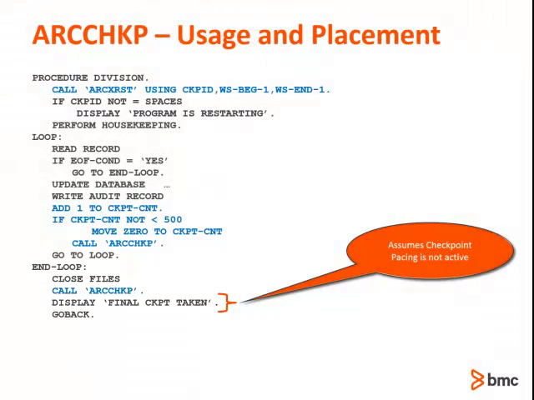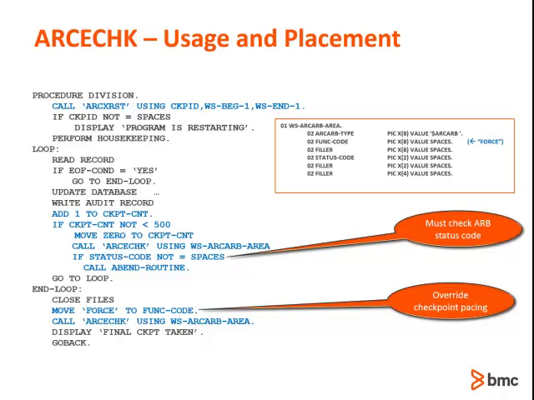This is an optional technique to ensure that all files have been closed and no residual data is left in any buffers. This technique assumes that checkpoint pacing is not active. Otherwise, there would be no way to ensure that the checkpoint was actually allowed to pass through the checkpoint pacing routines.